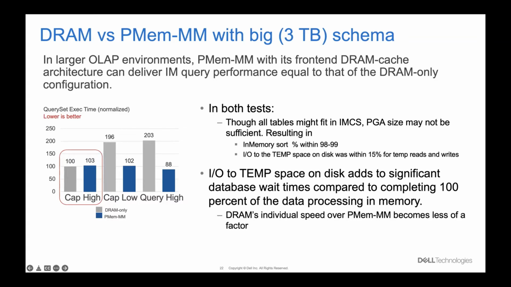In both cases, the in-memory sort was not able to complete fully in memory, and we had some IOs to the disk dump area, which were within 15% for both cases. That creates significant latency, and that eliminates the difference in memory media speed. So for larger data sets, it's possible to use PMem without any loss of speed or affecting the latencies.